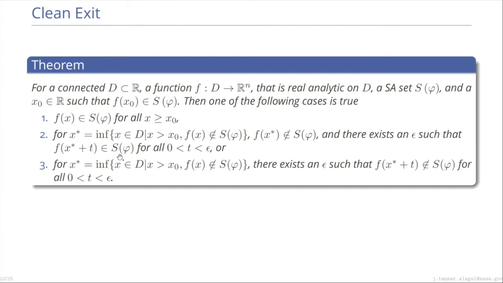So this is the situation where a real analytic function goes to the boundary of a semi-algebraic set, and then it basically just bumps off the boundary and goes back in the semi-algebraic set.